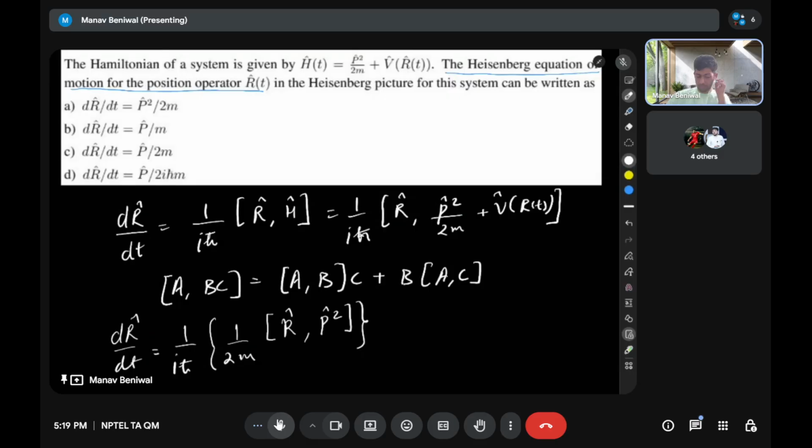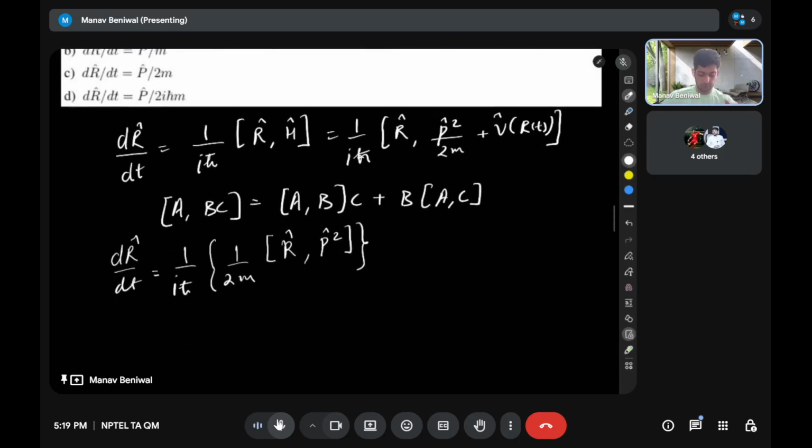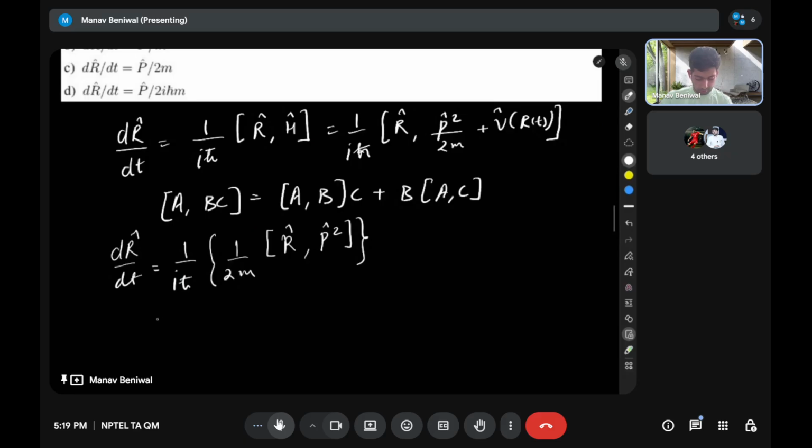And the second commutator, which is between r and v of r, will go to 0. So basically we have two commutators, first one is this and second one is 0. I am not writing the second one for now. Now using this identity, let's solve this commutator.